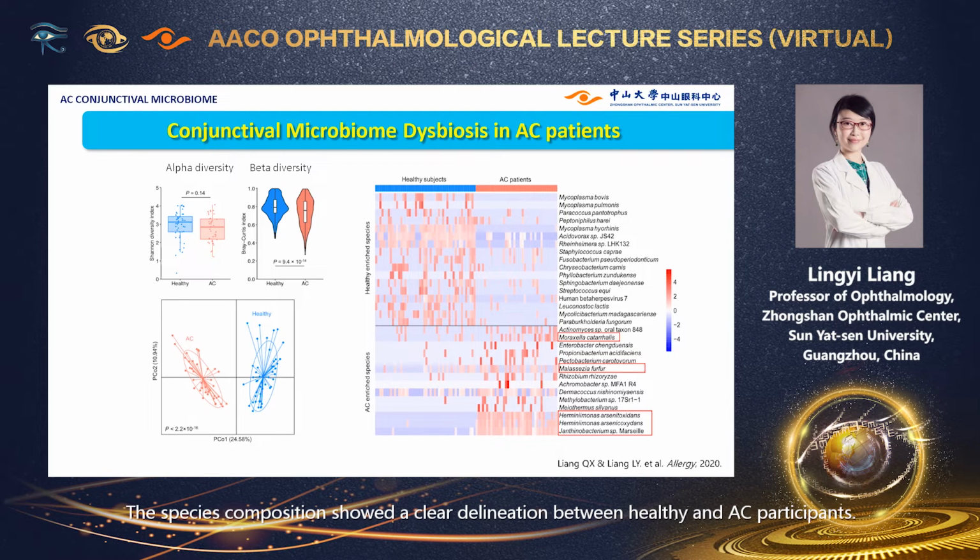The species composition showed a clear delineation between healthy and AC participants. We further disclosed numerous associated species. Interestingly, we found the enrichment of Moraxella and Malassezia and so on in AC.